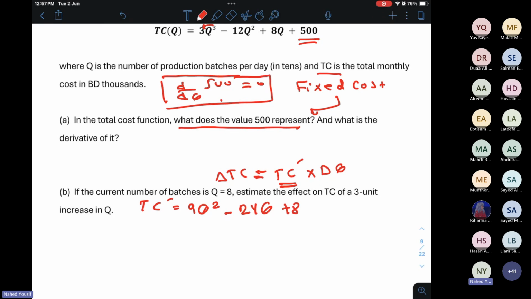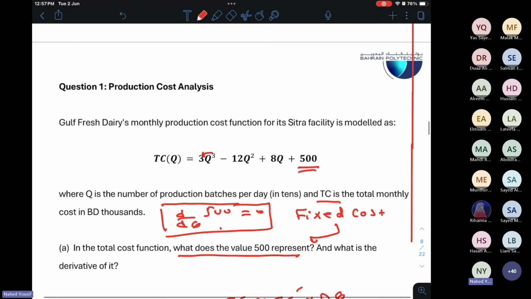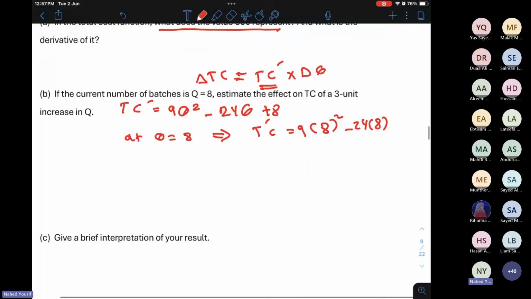So this is the first derivative, and he's asking at Q equal to 8, so just direct substitution: 9 times 8 squared minus 24 times 8 plus 8.